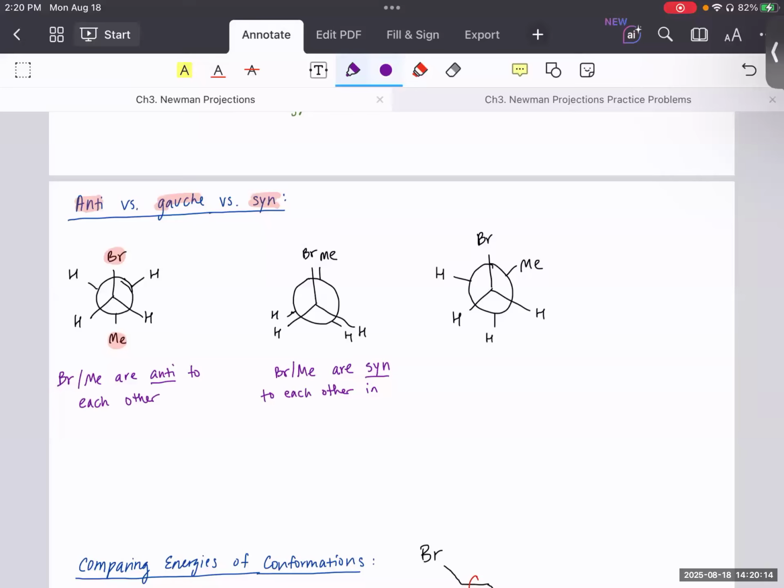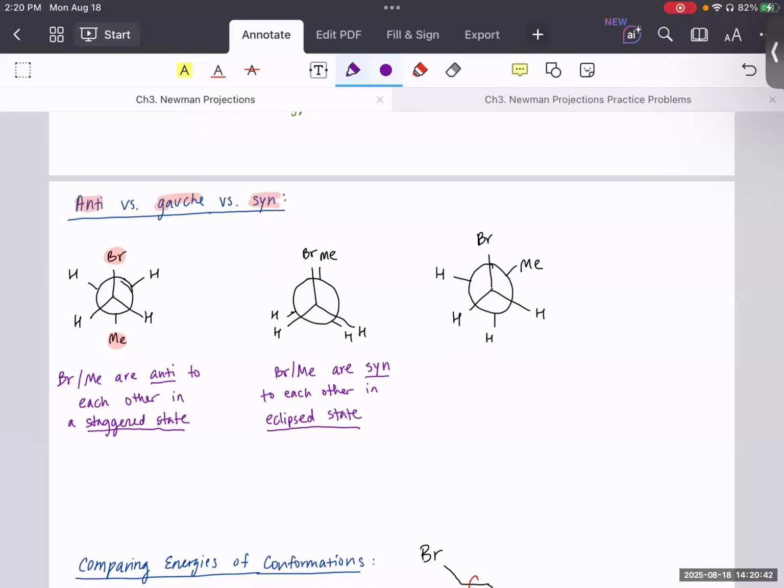So if you're asked to describe the term for the orientation of the two groups, you have to make sure that it's in the eclipsed state if you're using the syn term. Same thing for anti, we want to make sure that it's in the staggered state, and anti specifically when they're directly opposite each other.